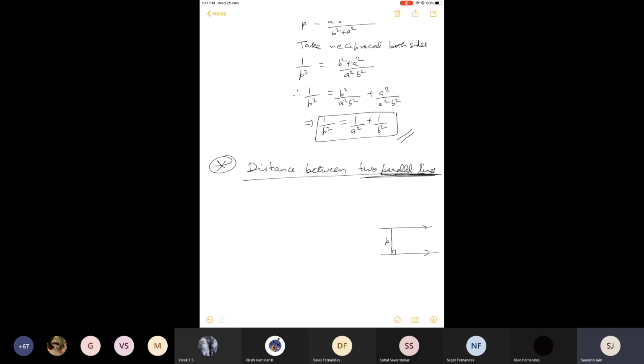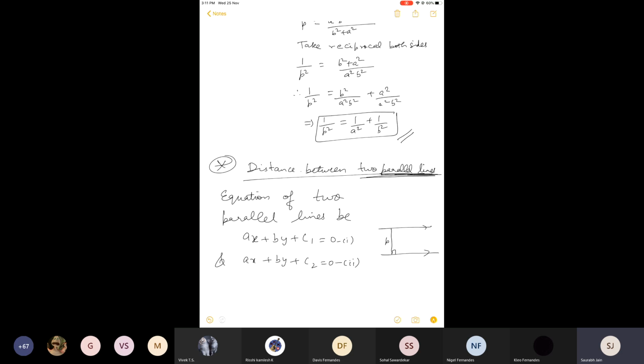So first of all, we need to write the equation of two parallel lines. Let's say the first equation is ax plus by plus c1 is equal to 0, and ax plus by plus c2 is equal to 0.